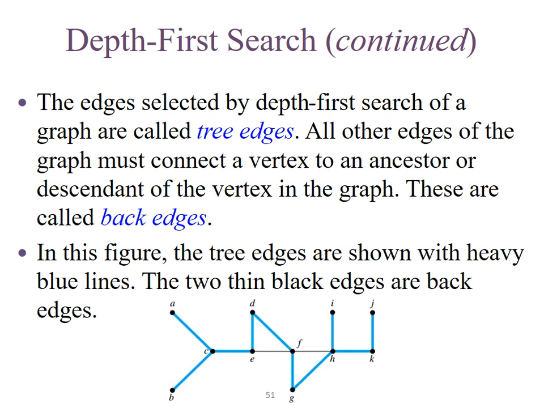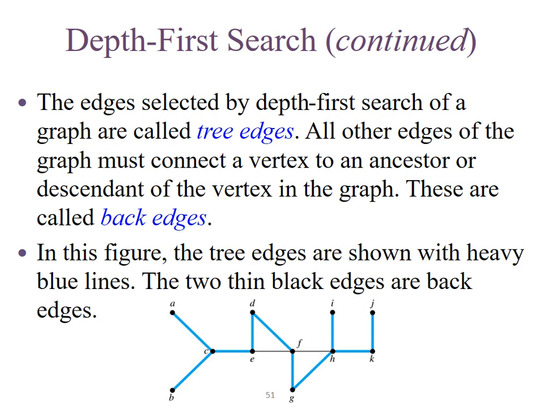Because you can see, once you create the path F, D, E, C, A, then the edge connects E to F. Actually, it connects the descendant to the ancestor along this path. Similarly, if you consider F, G, H, A, J, then this H to F also connects the descendant to the ancestor along the path.